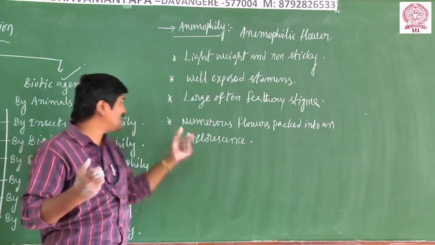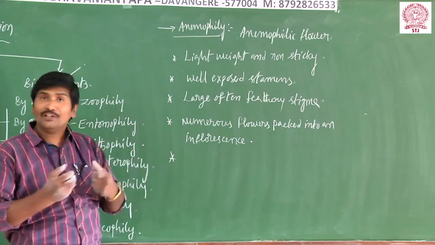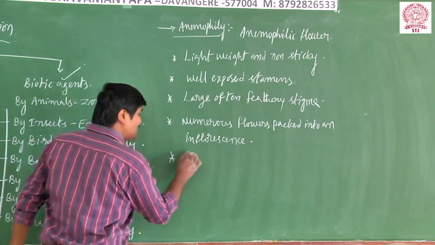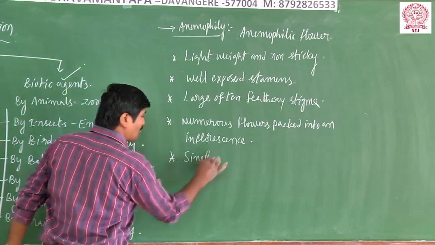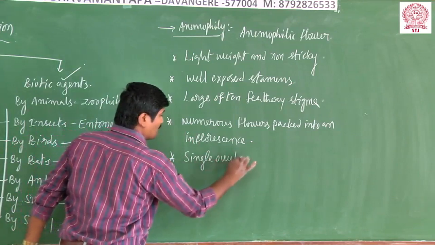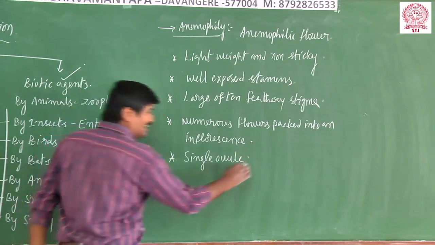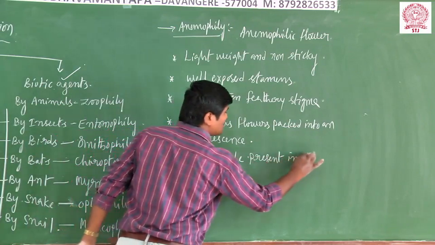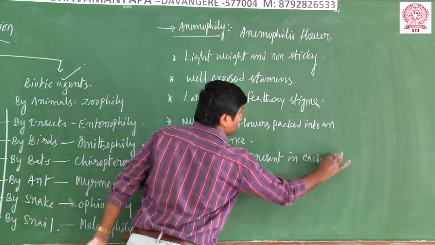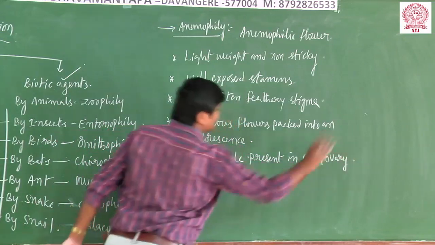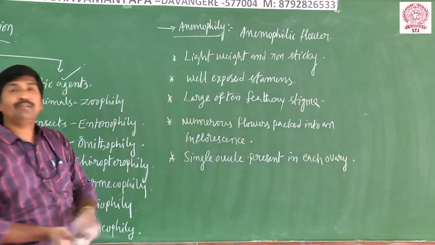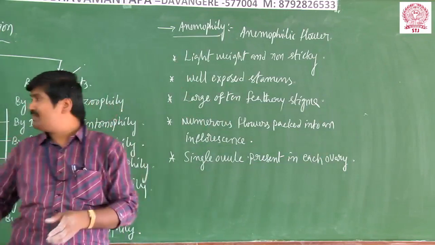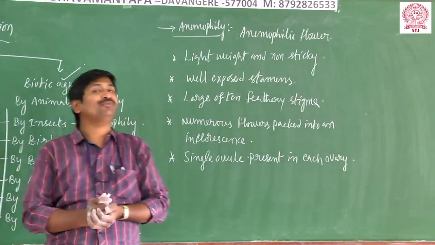When the plants contain numerous flowers packed into an inflorescence, and a single ovule present in each ovary. It is also one of the important characters. These are the main five important characters of the anemophilic flower. They are responsible for easy anemophily.